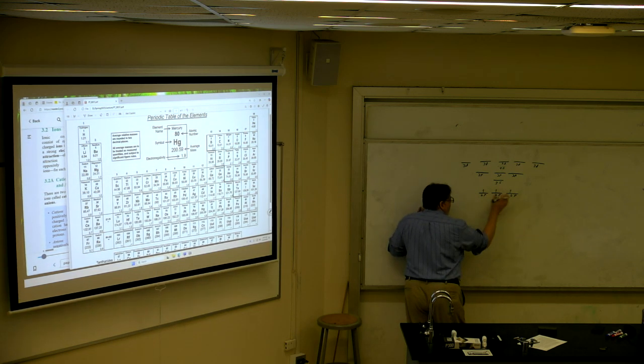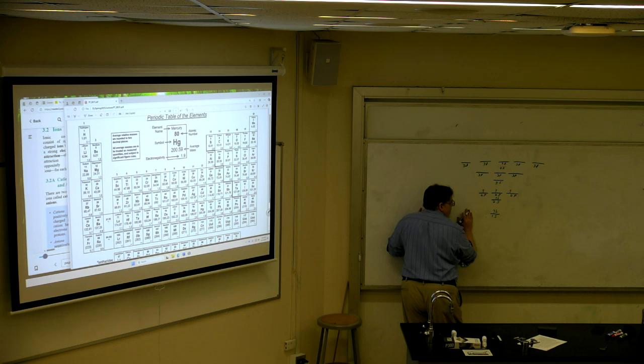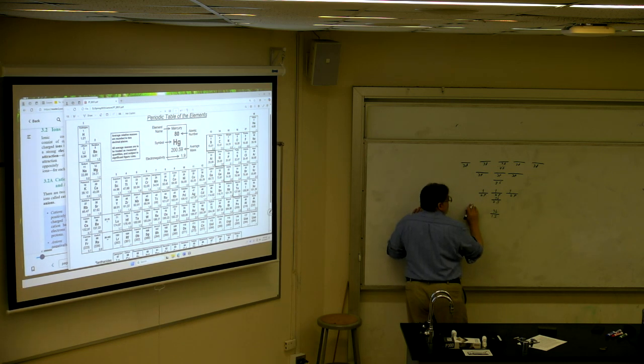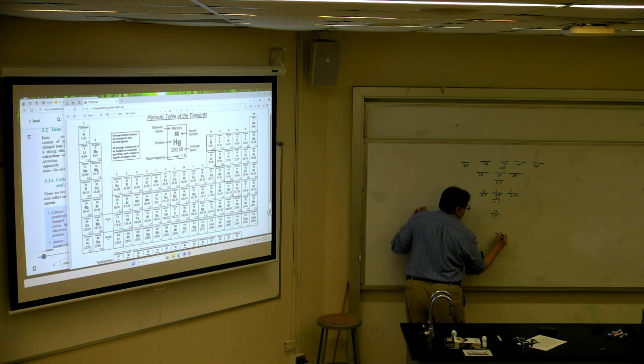Electrons tend to pair. Their most stable way to exist is paired. So if it's neutral now, it's got exactly as many electrons as protons. I'll say 7 protons, there's the nucleus.